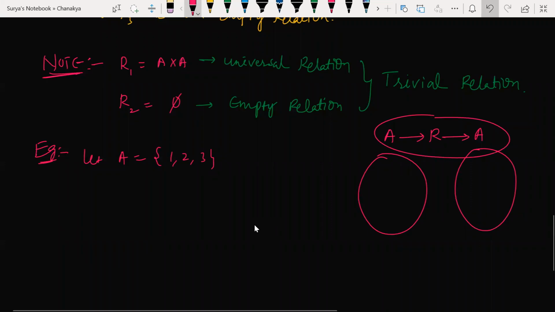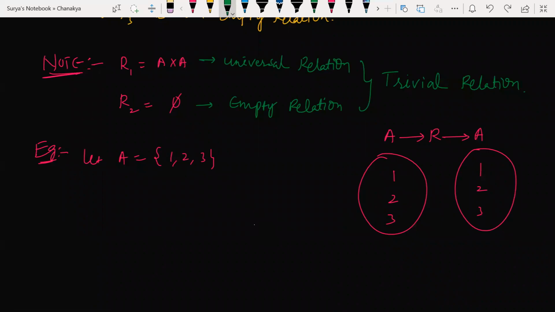I'm writing a relation from set A to A. From set A, I have 1, 2, 3. Here also set A, so let me write 1, 2, 3. Why A cross A? Because I'm writing a relation from A to A only. So let's write A cross A first.